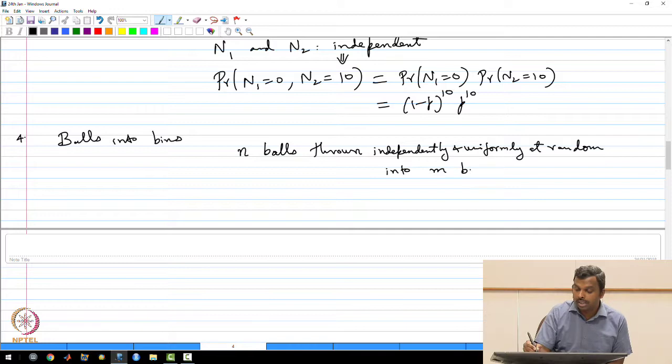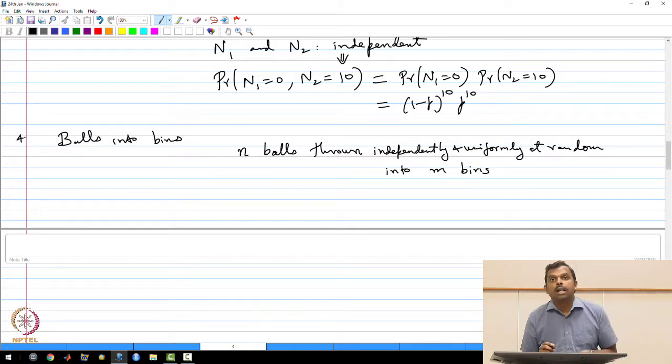This is the experiment we've been considering a lot. Remember, what you do with each ball is uniform. The ball can go into any bin, and it's also independent of what you did with the previous ball or the next ball or anything like that. So there's no connection between these things. That's very important. So one can think of this as an IID repetition.